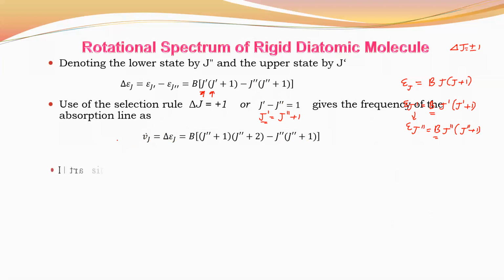When we manipulate this quantity, the transition is from J double dash to J, here we take J double dash is J and J dash is equal to J plus 1.